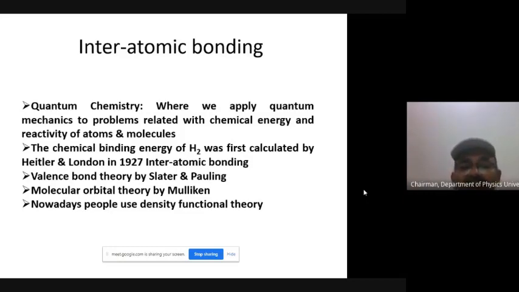So the first thing: why does bonding occur in certain materials and not in others? Certain atoms form bonds very easily, but others not. This is because of the electronic structure of the atoms. So the driving force to form a bond is related to the electronic structure of an atom.